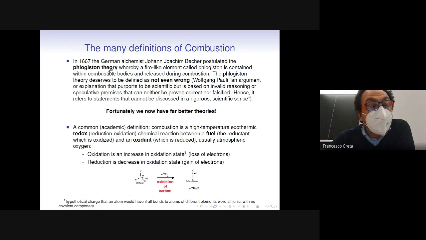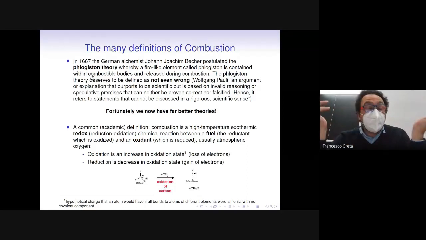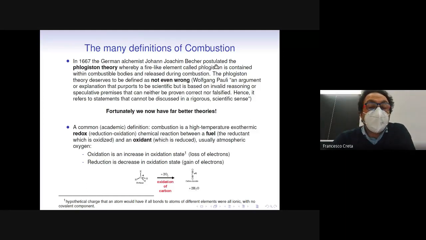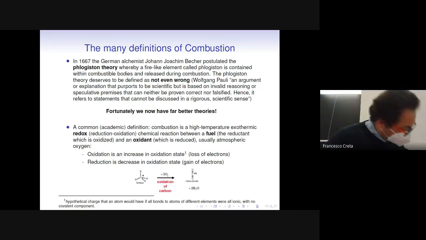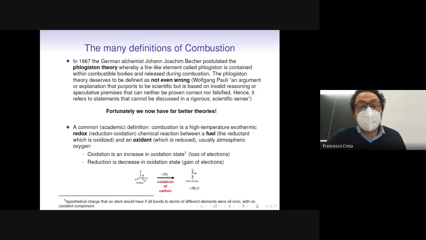It's called the phlogiston theory. In order to explain what fire was, he came up with this phlogiston, a fire-like element contained in every combustible solid, for example wood, and it would be released out of these materials when combustion took place. Now, clearly, there's no such thing, okay?